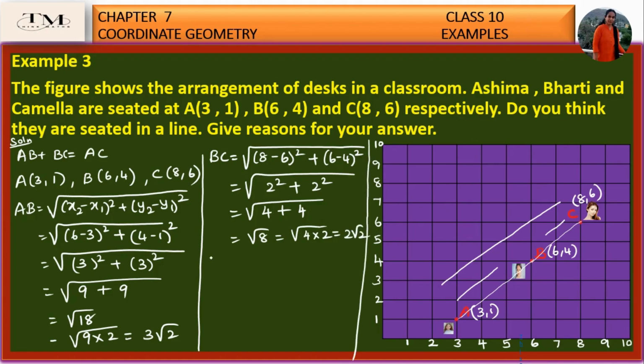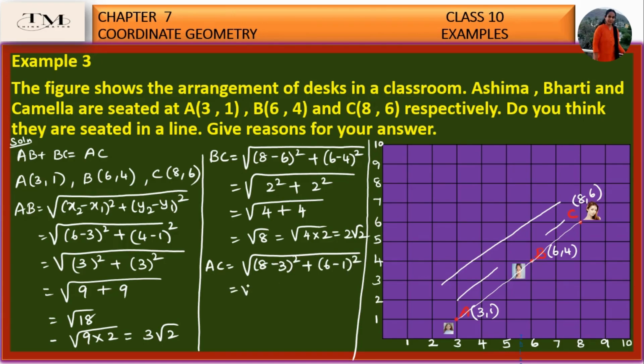So next we have to check AC. So AC is equal to, this is A and C, so 8 minus 3 whole square plus 6 minus 1 whole square.